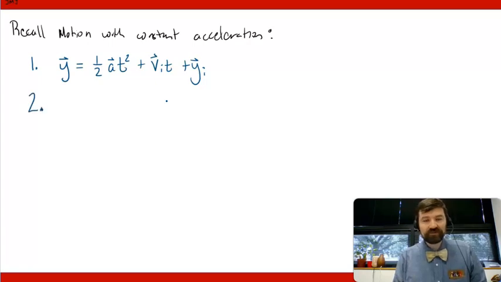The second equation of interest is that the velocity as a function of time is the acceleration times time plus the initial velocity.